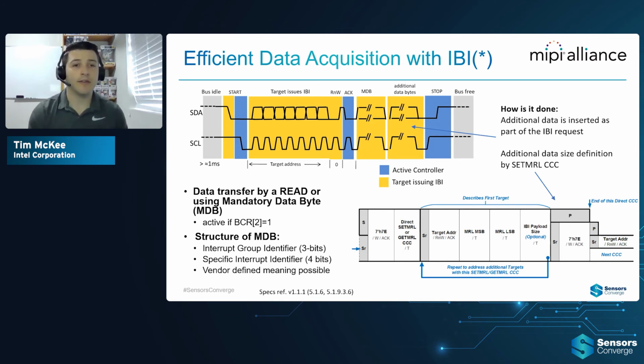So instead of only saying, "Hey, I've got something," now we can tell them more detail about what there is, and the controller can respond accordingly. If there's a lot of data, if there's a little data, we can adapt and make sure that we're only using as much energy as needed in order to acquire all the data necessary.